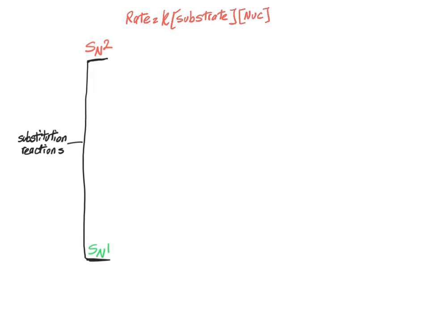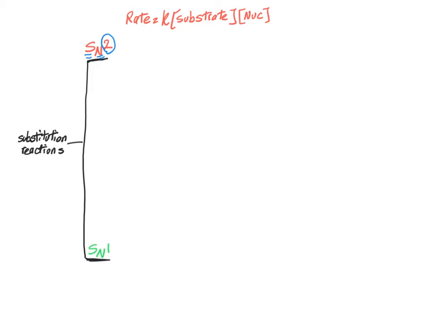In SN2, S stands for substitution, N for nucleophilic, and 2 for bimolecular, which means the rate of reaction depends on the concentration of two different compounds.